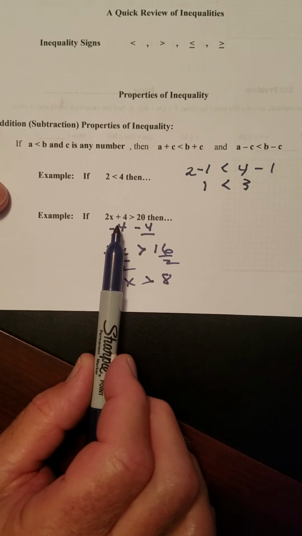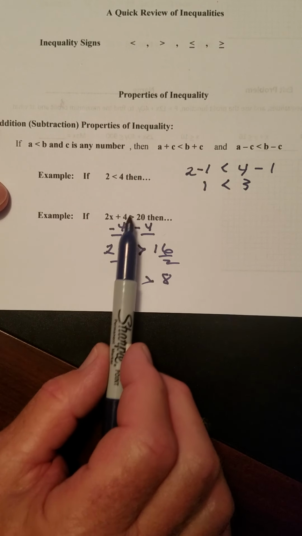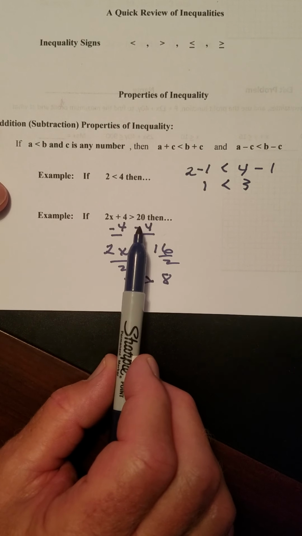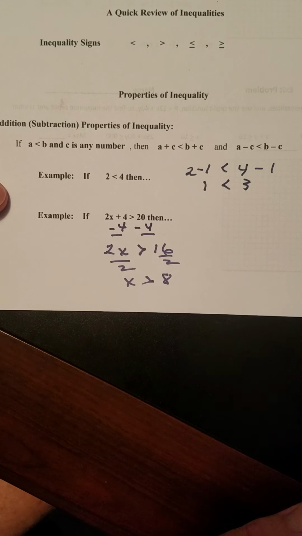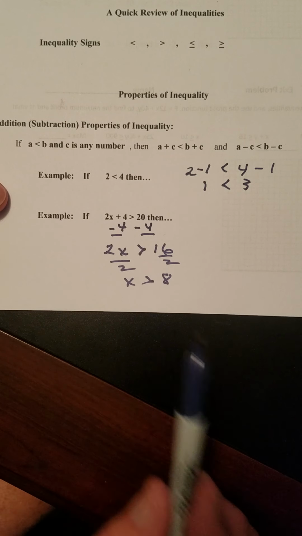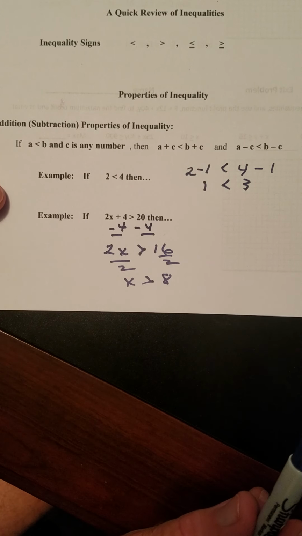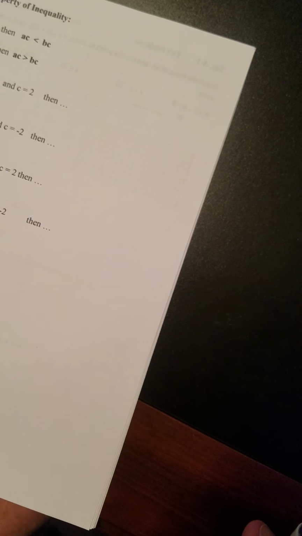Here it makes a little more sense because you don't really know what the value of x is. So when you subtract 4, does that change anything? Well, according to this property, no, it's going to stay the same thing. And basically what we did, we simplified everything down where you had just x on the one side.